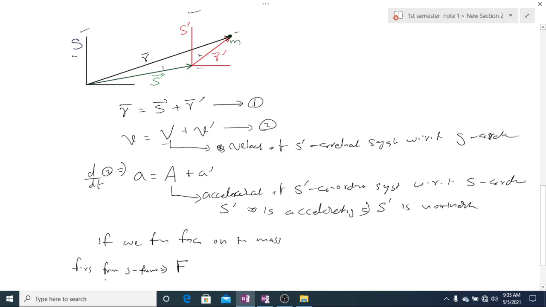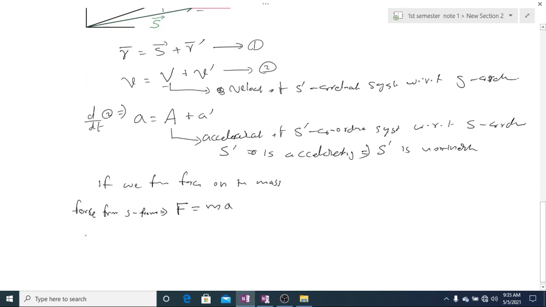The force from S frame is F is equal to ma. Force from S prime frame, F prime is equal to ma prime.